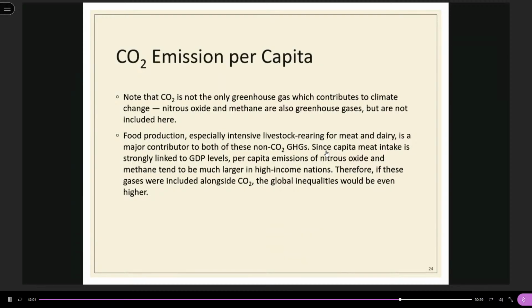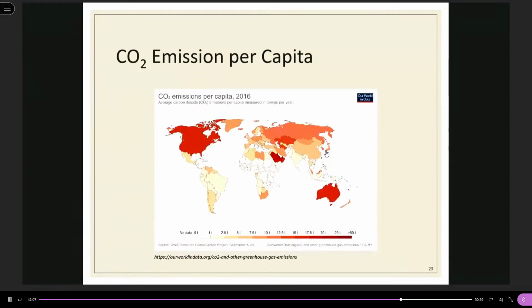For rich countries like America and Australia, they eat more meat and therefore they also emit more carbon dioxide. But the whole earth is suffering from global warming and all kinds of climate change.